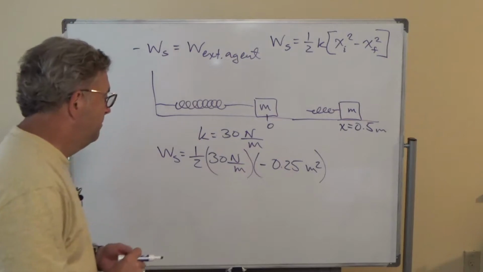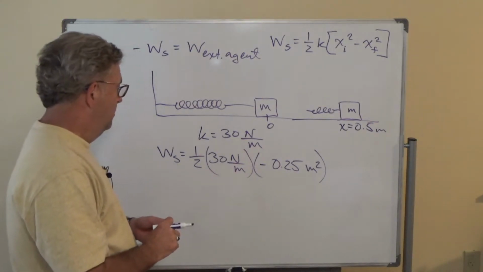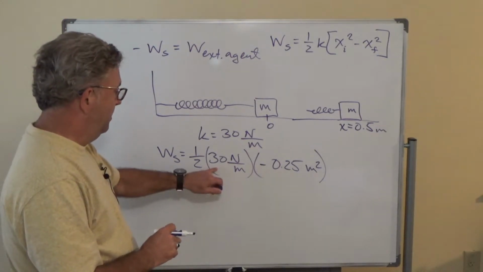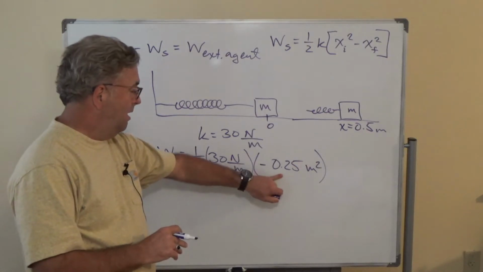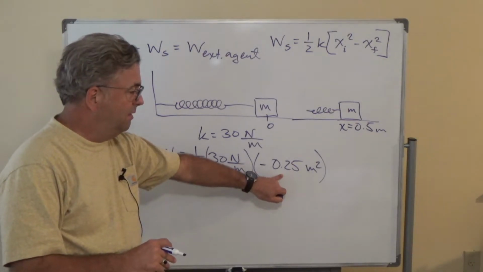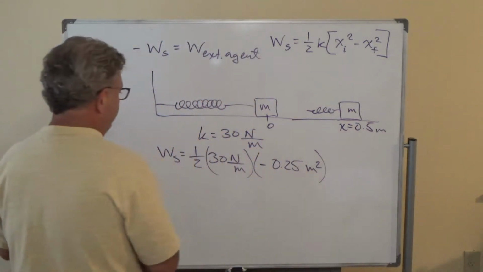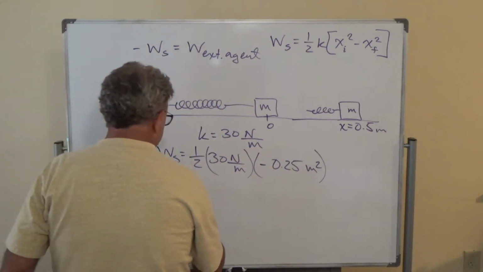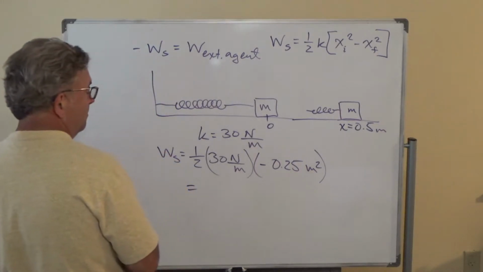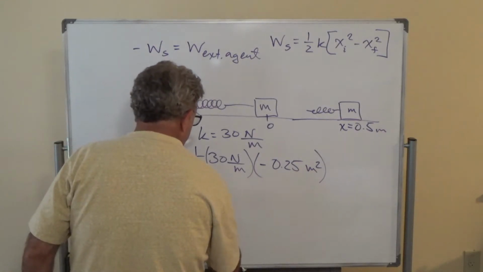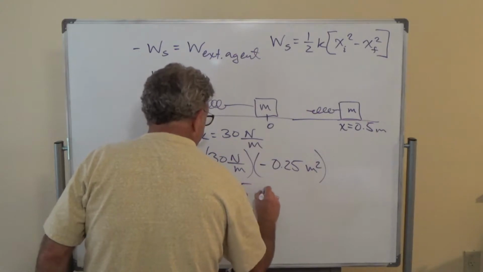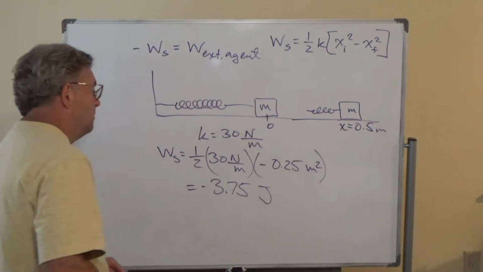Okay. So that's what, 15, and 1/4 of 15 is 3.75. Is that right? Yes. Negative 3.75 joules.